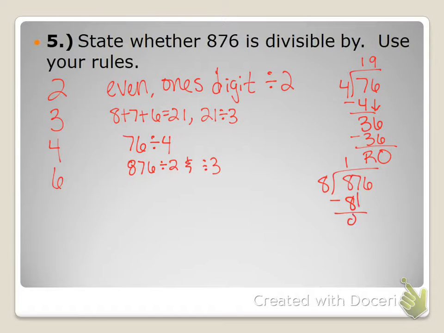How many times does 8 go into 7? 0 times. Drop the 6. Does 8 go into 76 evenly? No, it doesn't. So we could put 8 times 8 here, 64. We'd get a remainder. But even once we're trying to see whether 8 goes into 76, we should already be able to say no, it's not going to work out. Okay?